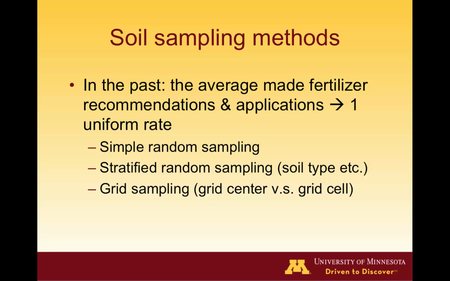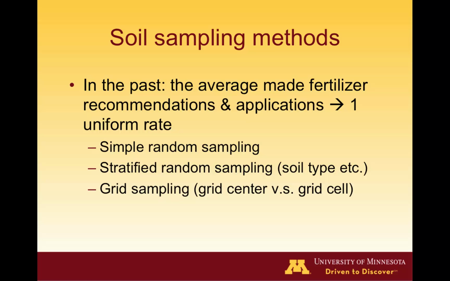In the past, when people did soil sampling, most of the time they took the average of the whole field and made fertilizer recommendations and applications at one uniform rate. But in precision ag, we want to know more about the spatial variability in soil in the field.